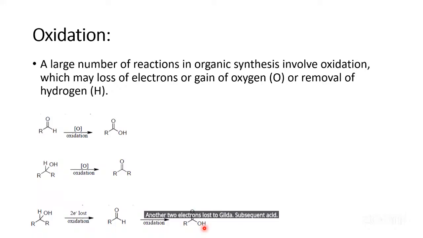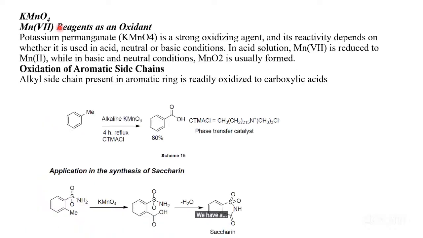Now, in our assigned topic of the PhD coursework, we have a reagent. The first reagent assigned is from the review, that is permanganate, where manganese has the oxidation state of +7.